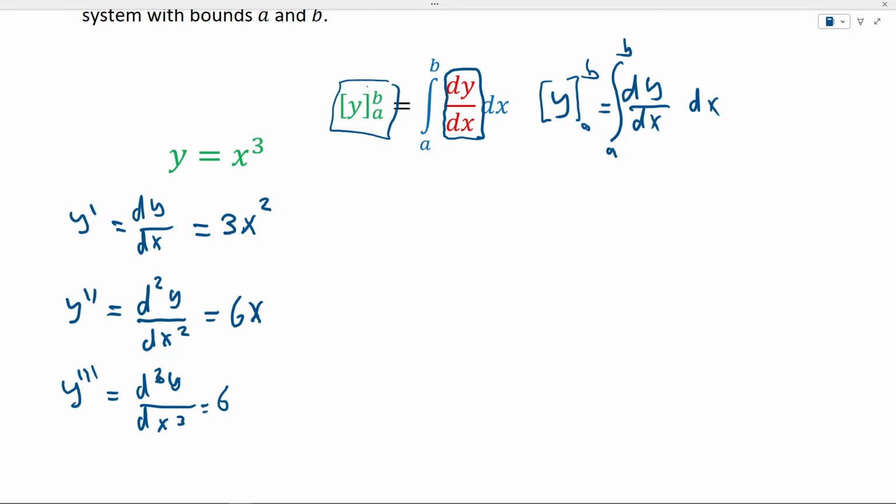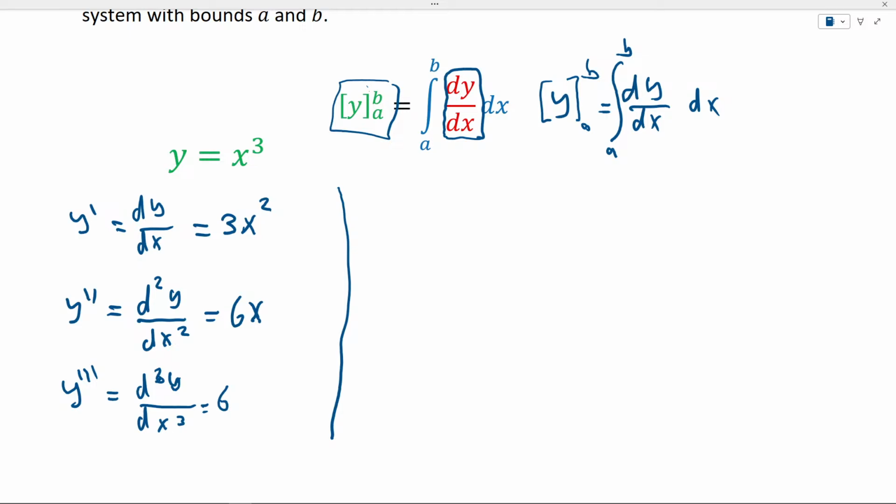So now what I did here, I was able to find dy over dx. Now this is what this is telling me. It's telling me if I integrated this guy, guess what I will get.